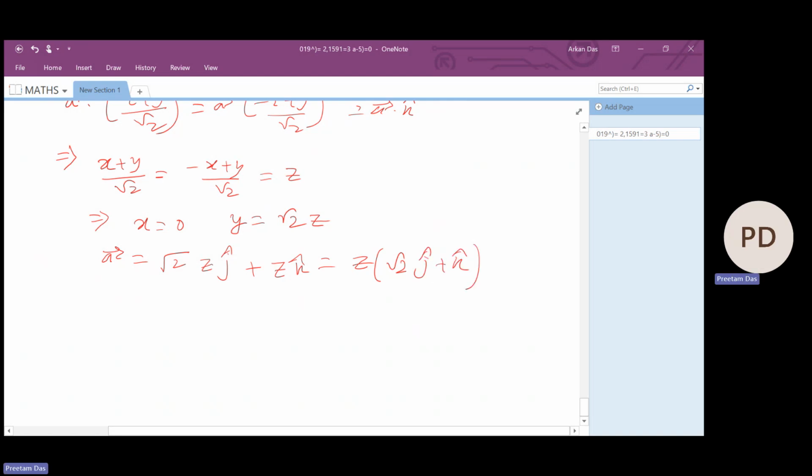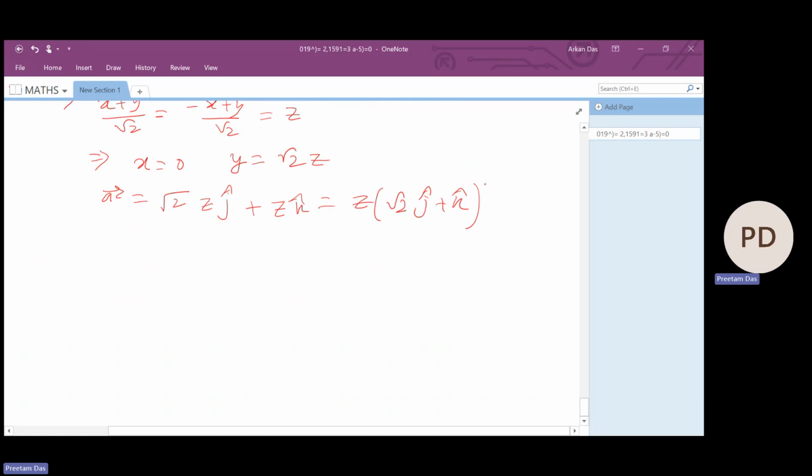They have not asked you the A vector, they have asked you the unit vector along A. It is very easy to see unit vector along A will be same as unit vector along this vector. So unit vector along A will be what? Root 2j plus k by square root of 3. Which option is the correct option? It will be option C.